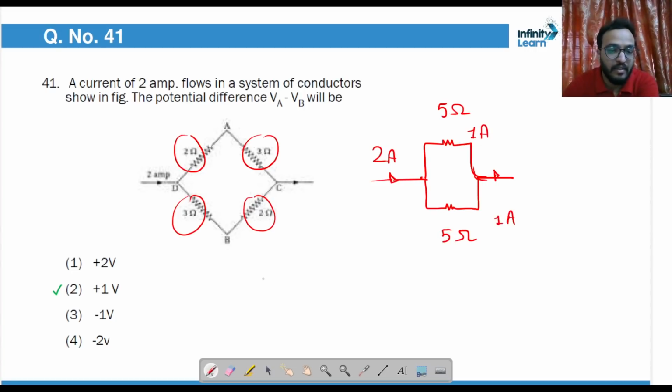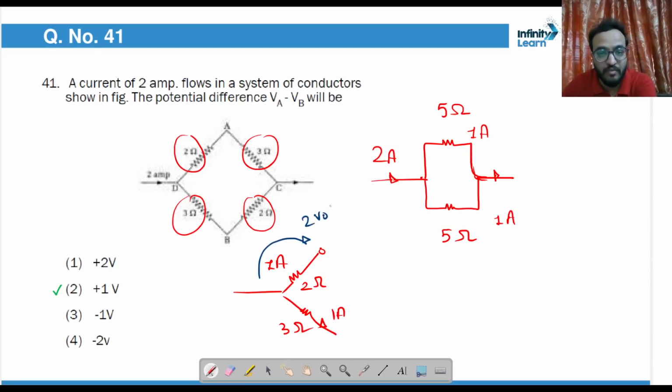Now if you look at the circuit again, here 1 ampere is going in 2 ohms, and here 1 ampere is going in 3 ohms. So here the potential will drop by 2 volts, and here the potential will drop by 3 volts. So obviously the potential difference between A and B will be 1 volt. That means A is 1 volt higher than B.